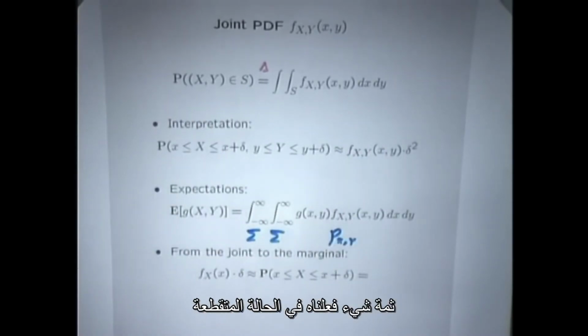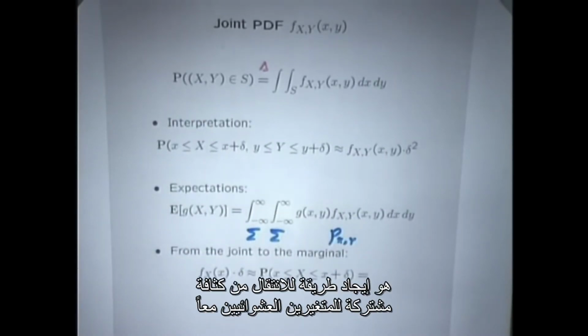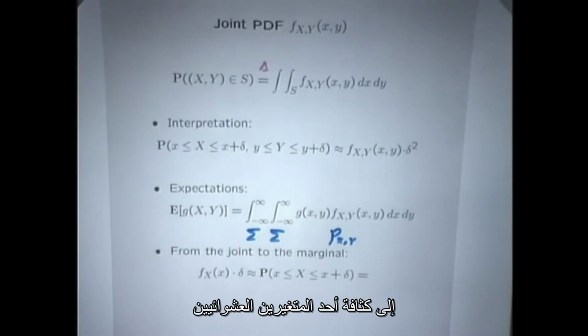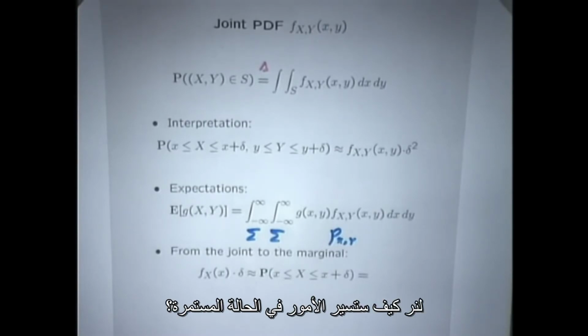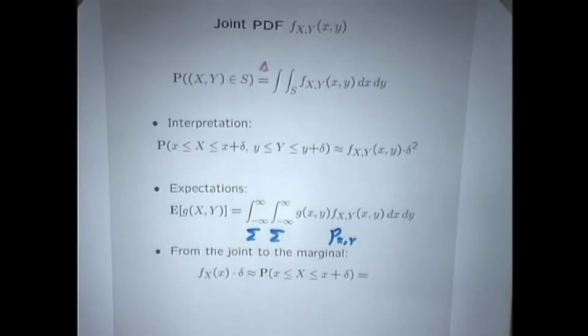Then something that we did in the discrete case was to find a way to go from the joint density of the two random variables taken together to the density of just one of the random variables. So we had the formula for the discrete case. Let's see how things are going to work out in the continuous case.